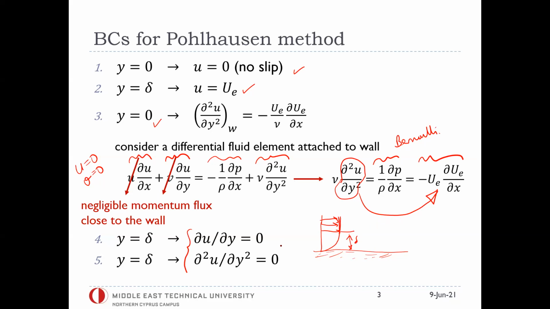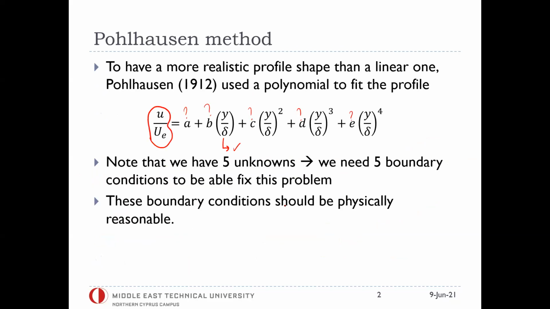The question is, does this generalized function satisfy all these conditions? Physically imposed conditions, that's how I can express them. Well, of course, the answer is that it may or may not satisfy those conditions. It totally depends on the values of these 5 constants.